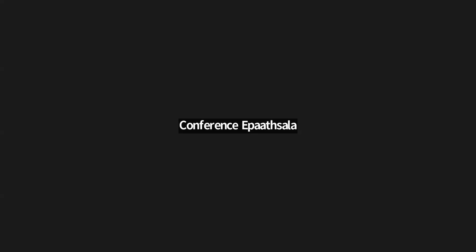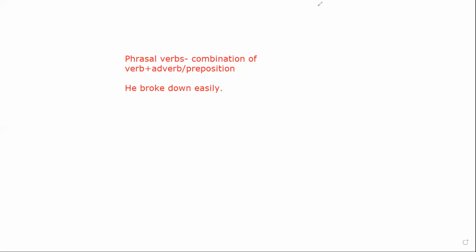Okay, now there is another thing, infinitive. What is infinitive? Suppose in some sentence we need to write, he got up to see the sunrise. Now here in the sentence you can see two verbs.